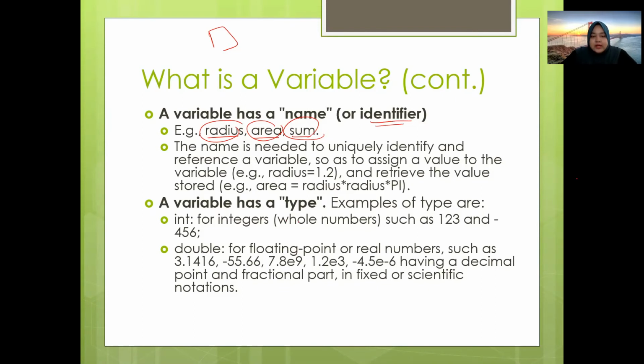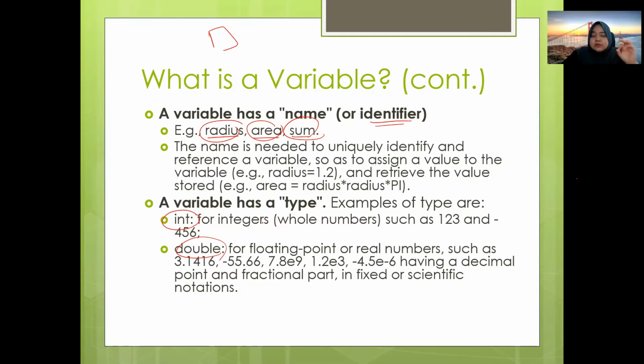So a variable has a type. Tadi dah ada nama, sekarang type lah. Examples of types are these: integer, double, float. Okay, so kalau you nak simpan integer, nombor bulat, you kena declare sebagai int.